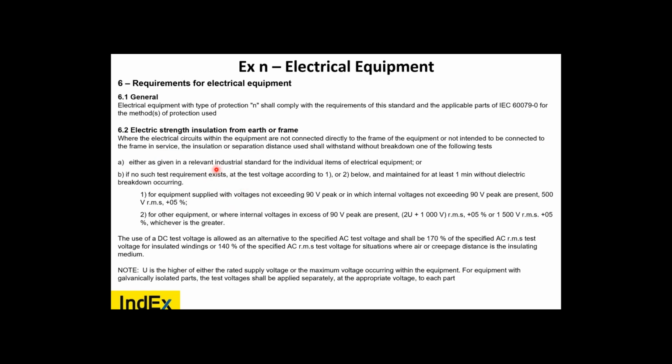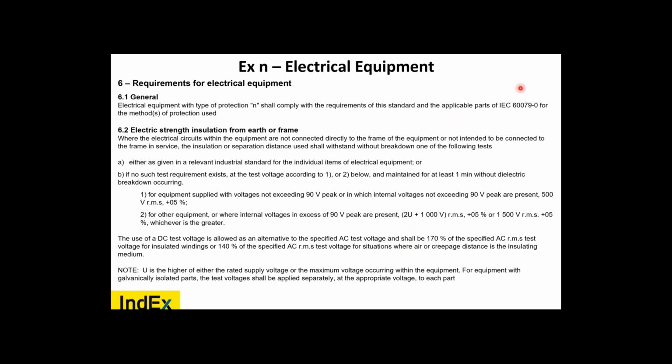Well, you have to follow either a relevant industrial standard or, for anything not exceeding 90 volts peak or internal voltage not more than 90, then it's 500 volts RMS, VAC, volts alternating current. For other equipment in excess of that 90 volts, it's 2 times the voltage plus 1000. So if you had 1000 volts, it'd be 1000 times 2, 2000 plus 1000. So it'd be 3000 volts.